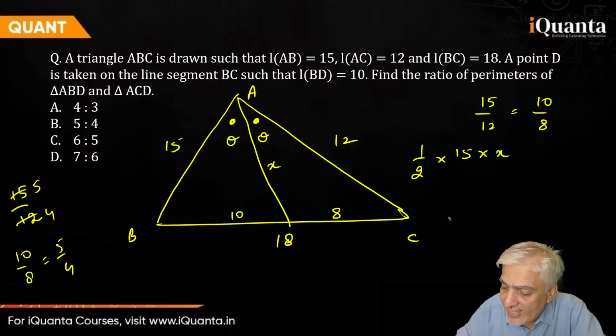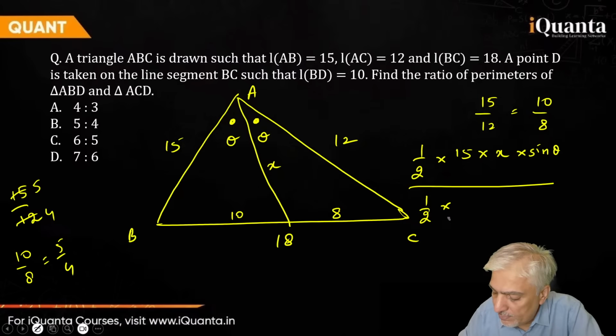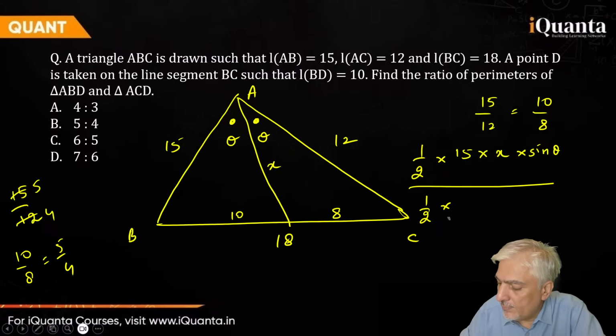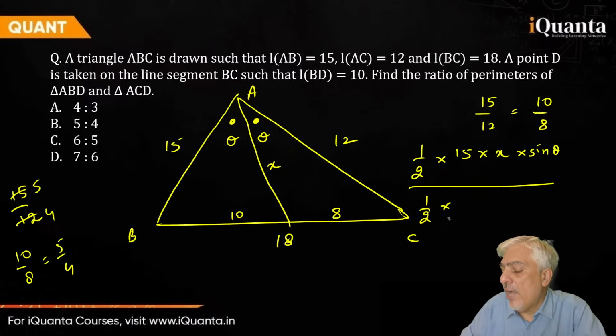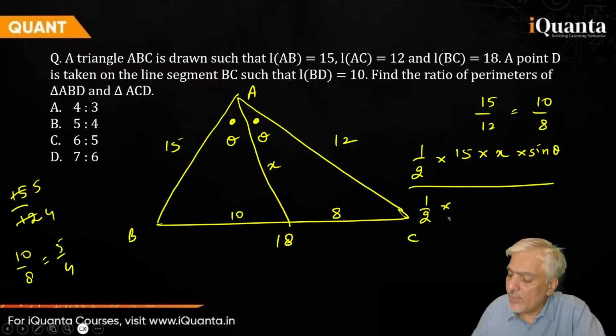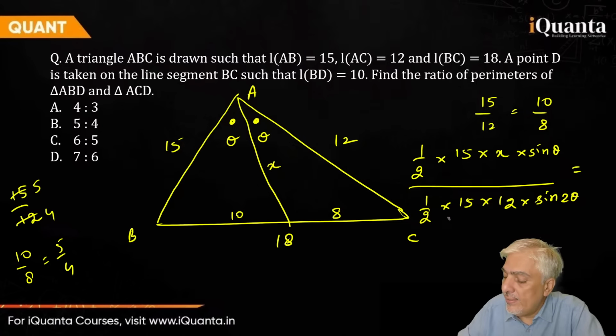Let's call this angle theta and theta, into sine theta upon half of, अच्छा इधर तो x कट हो जाएगा, sorry, my bad. Half of 15 into x into sine theta. Okay, I'll take the whole thing upon half of 15 into 12 of sine 2 theta, which will be 10 upon 18.